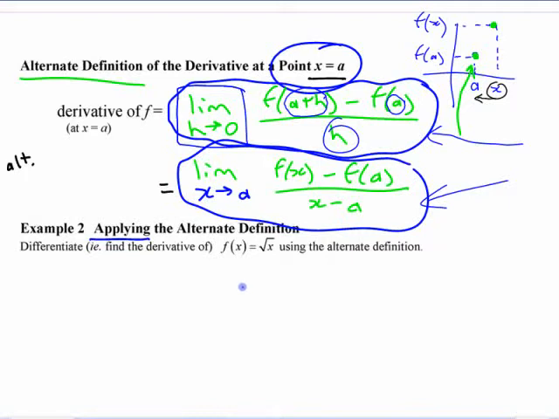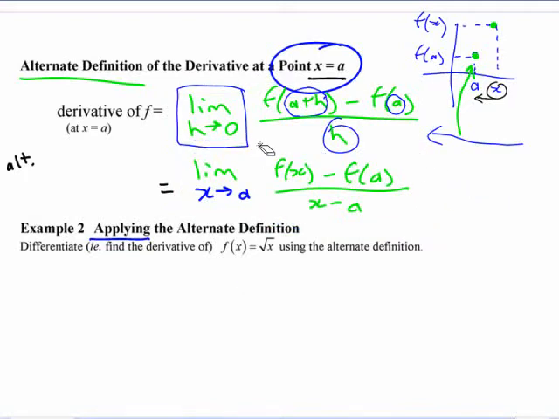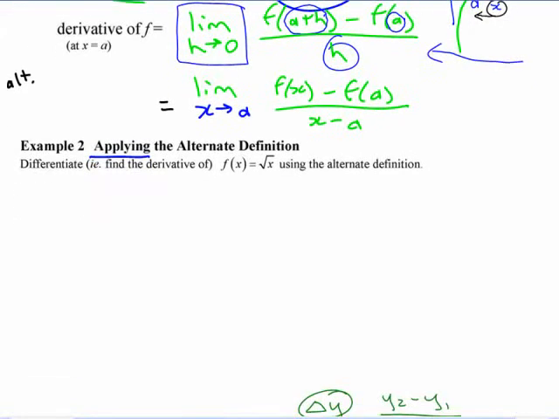The alternate way we can find this definition is this second thing here. Instead of calling the 2 points a and a plus h, you could say that this is some point a here and this is x.